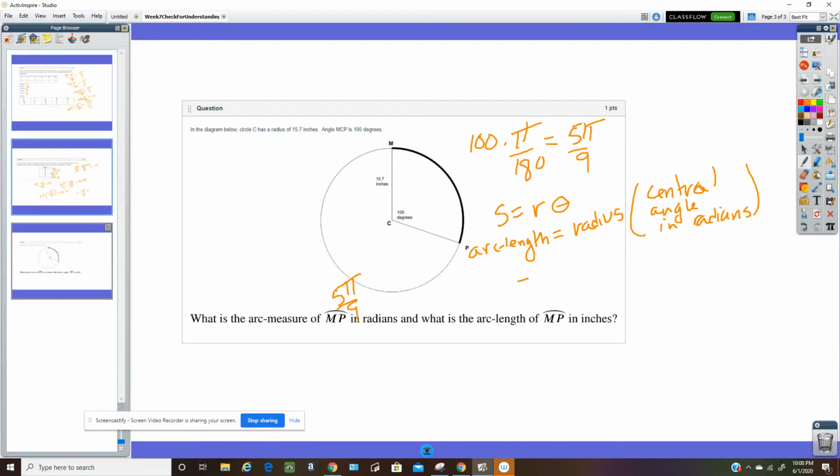So the radius is 15.7, and the central angle in radians is 5 pi over 9. So 15.7 times 5 pi over 9.